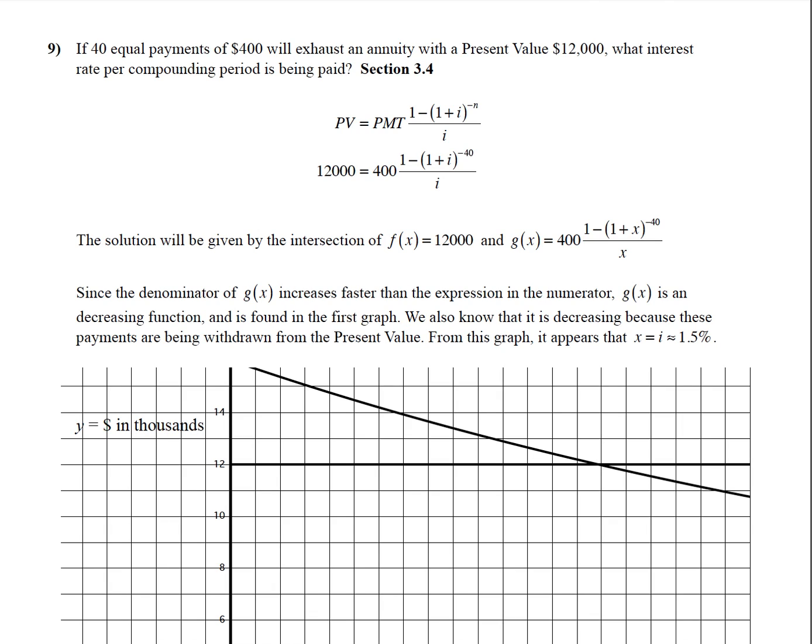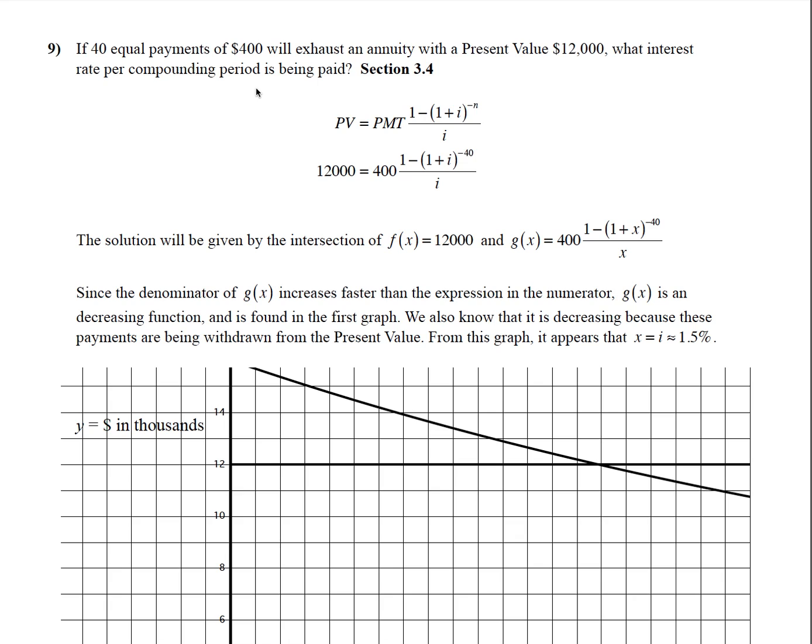Question 9 is similar to question 6 in that we'll find our answer by interpreting a graph. It's a question involving present value of an annuity, and present value is the amount that we start with before we start disbursing, before we start making payments, before we start taking payments from the annuity.